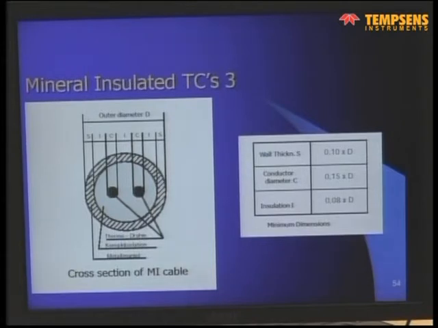And due to the production process, when the production for a mineral insulated cable starts, the outside diameter of the pipe is about 1 inch. Yes? And the 2 thermocouple wires are in the size of 4.5 to 6 millimeters, nearly the size of my fingers.